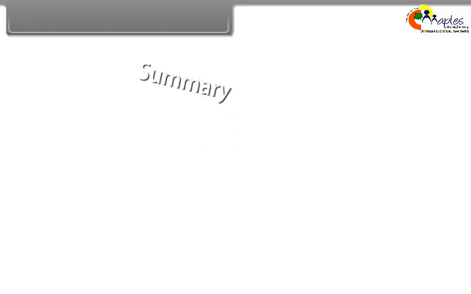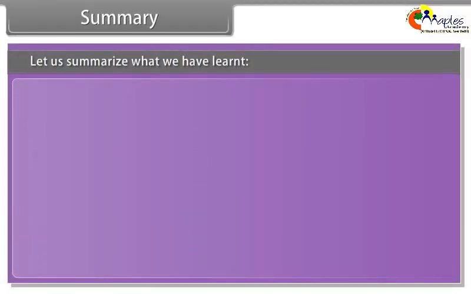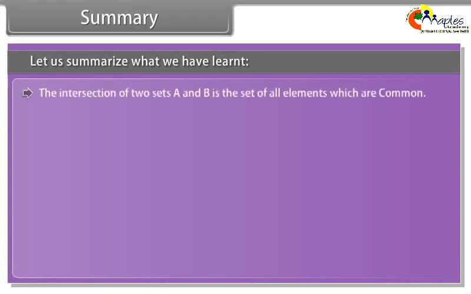Summary. Let us summarize what we have learned. The intersection of two sets A and B is the set of all elements which are common.